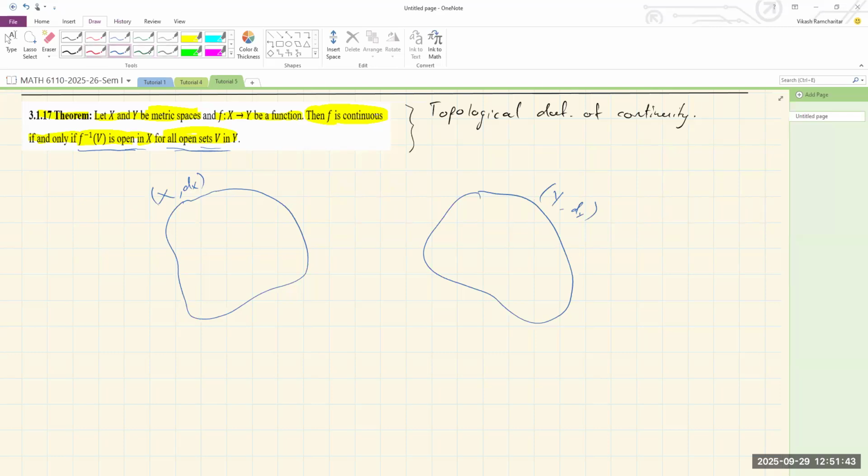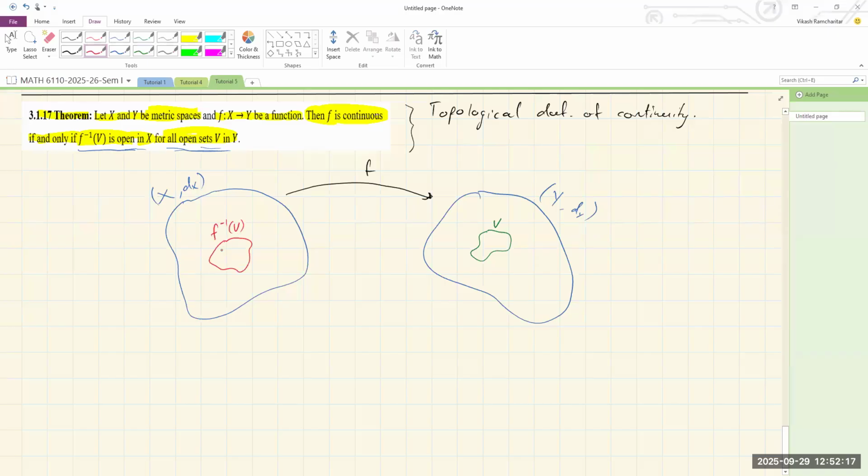Okay, so what it's saying is that you have some function between them, f. If this function is continuous on X, then if you give me any open set here in Y, which they called V, then the pre-image, which we denote by f inverse of V, is open.